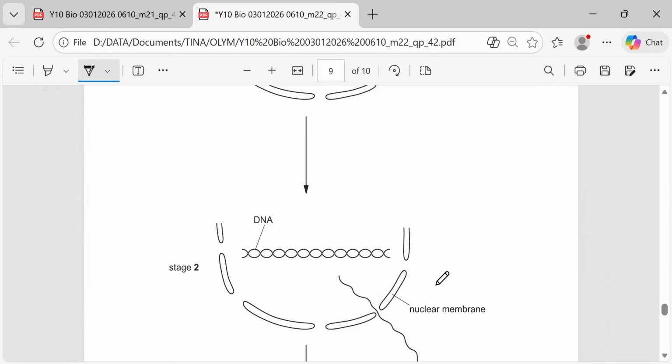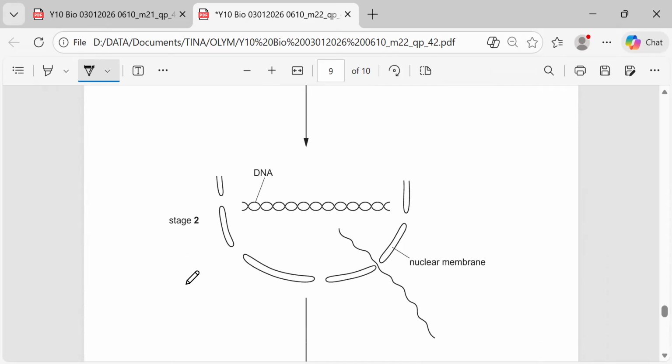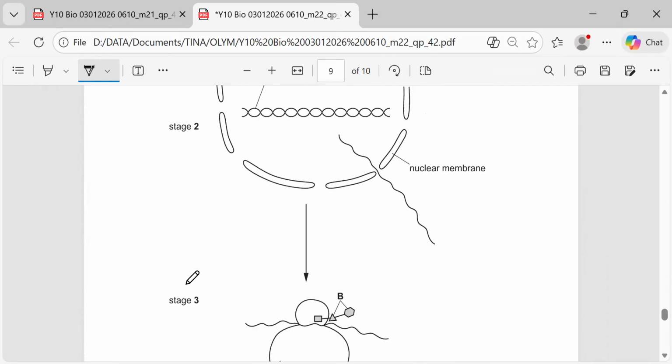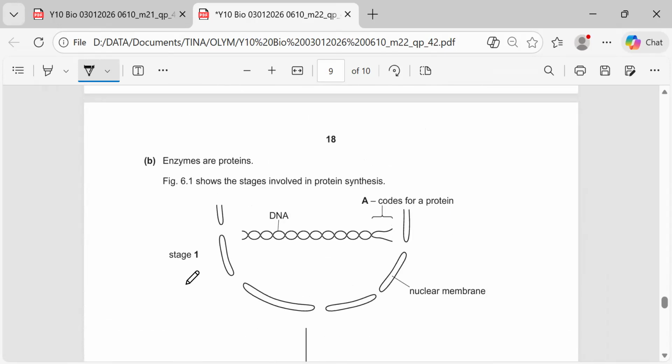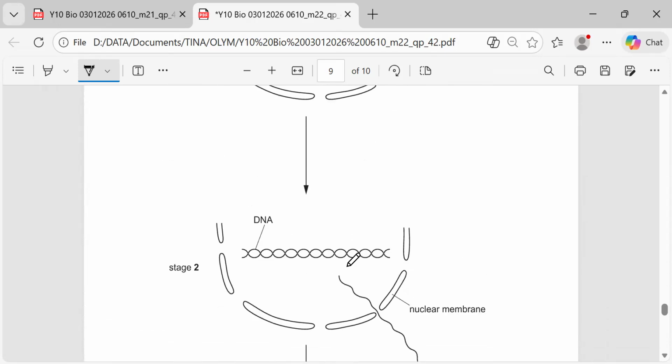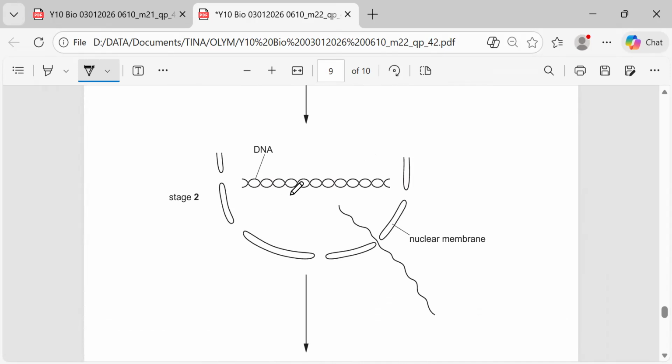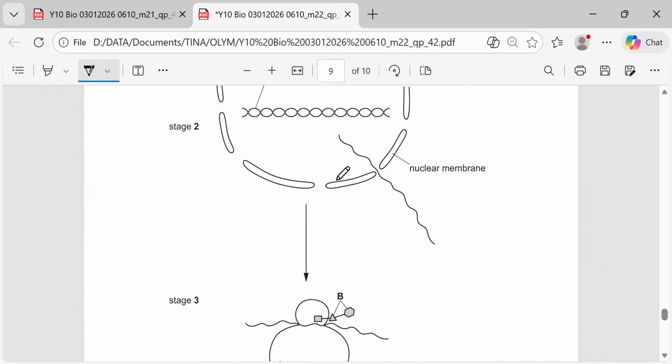Stage 2. Where's stage 2? Oh, here. Stage 2 only. So stage 1 is just showing you. The mRNA is a copy of the DNA. The DNA stays in the nucleus. The mRNA moves from the nucleus to the cytoplasm.